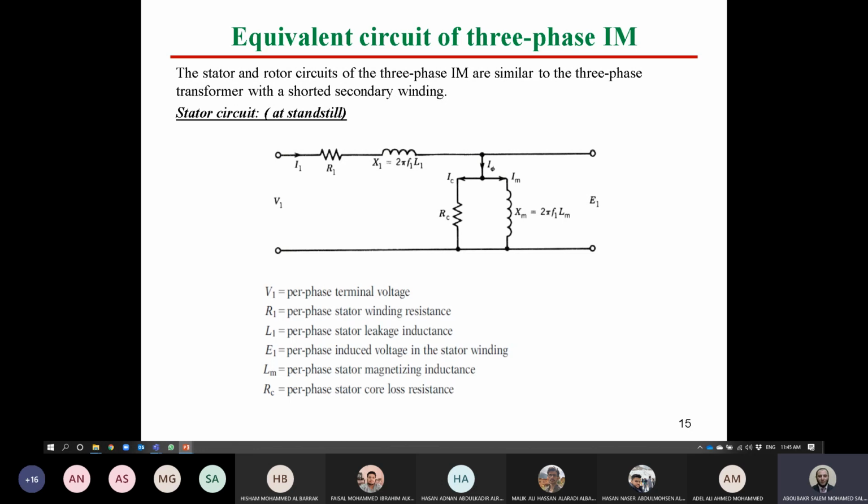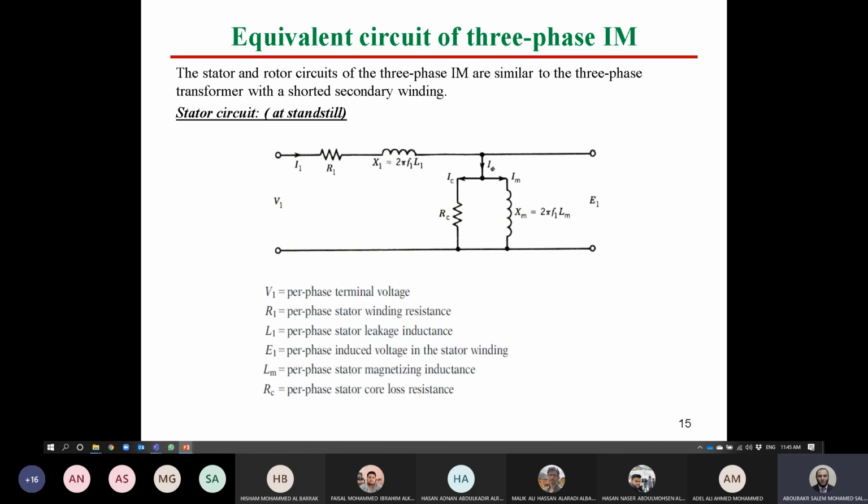If you have no motion for the induction motor, you can represent the windings as a three-phase transformer, because you have primary winding and secondary winding, you have primary core and secondary core, and the same are in the induction machine. We have stator windings and stator core, we have rotor windings and rotor core.